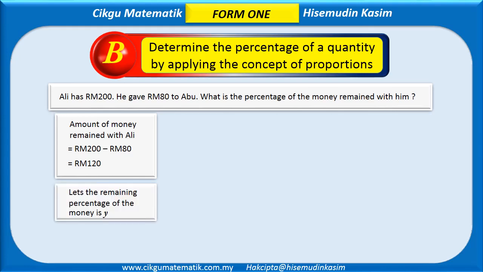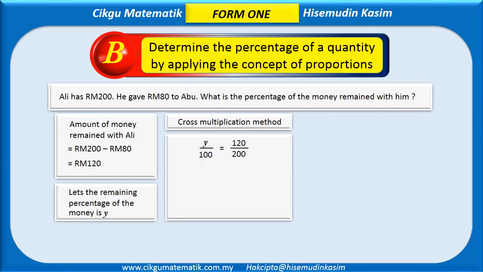Let the remaining percentage of the money is Y. Cross multiplication method. Y over 100 equal to 120 over 200. 200 times Y equal 120 times 100. Y equal 120 times 100 divided by 200 equal 60.